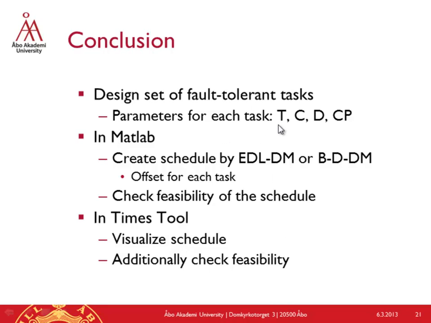And these parameters are quite simple: period, computation time, deadline, and computation time for primary version. You can calculate in Matlab with functions that I defined there, schedules and offsets for each task, I mean primary versions or alternative versions and so on, and check feasibility.